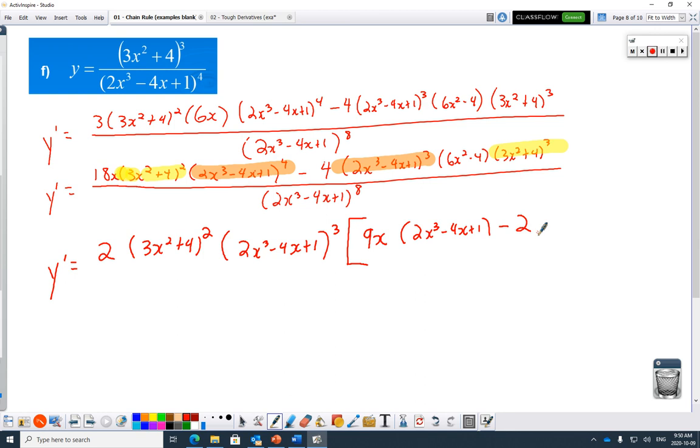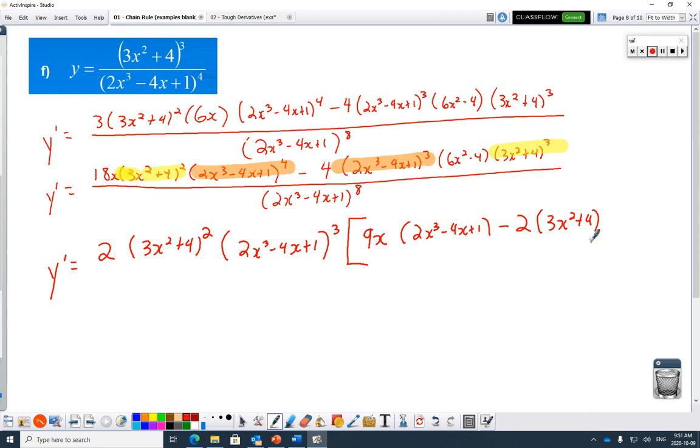I took out 3x squared plus 4 squared. This one was 3x squared plus 4 cubed. It's always going to be power 1 that's left over. Why? Because when we took the derivative, we reduced the exponent by 1, so of course they differ by 1. That's inherently built into the quotient rule.